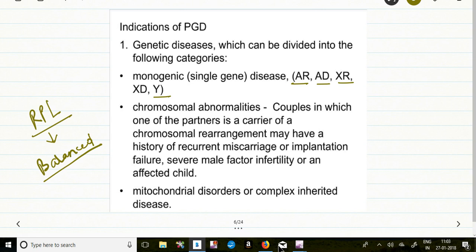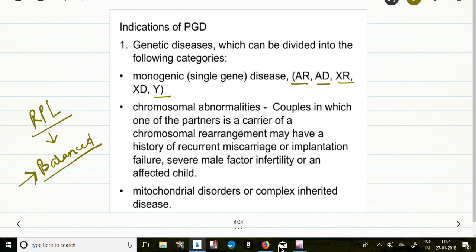But in reproduction, during meiosis and then fertilization, the translocation becomes unbalanced, and then there is increased risk of the loss of such pregnancies, because unbalanced translocation does not form a viable fetus, or there is a high risk of aneuploidy in such fetuses.